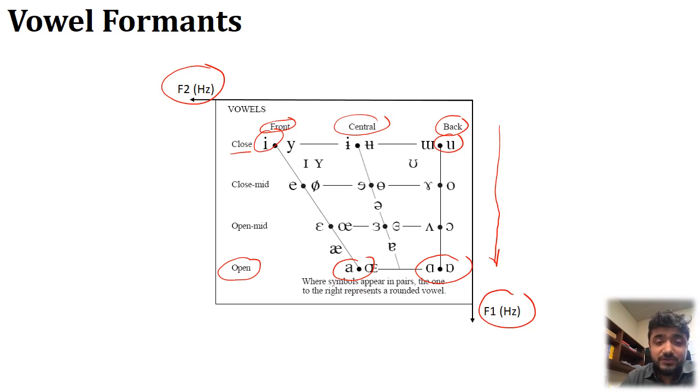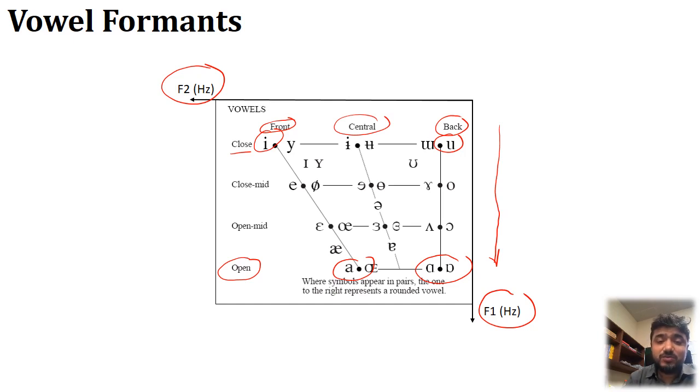Similarly, F2 is lower for back vowels, and it becomes higher for front vowels. These are some of the things that we can remember in our heads as we look at the spectrograms, and as we see how these values would be varying, and we can use this to recognize whether a particular vowel that we're seeing in a spectrogram is a back vowel or a front vowel. So if it's a back vowel, probably F1 and F2 would be close together.